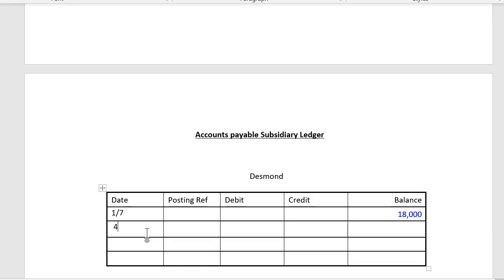Yep, they did on 4th of July. All credit purchases are recorded in the purchases journal, so you write PJ as posting reference. Since it's accounts payable, it's a credit entry, 25,000, and that brings the balance to 43,000. Did they make any payments to Desmond? No, nothing. So Desmond's closing balance is 43,000.